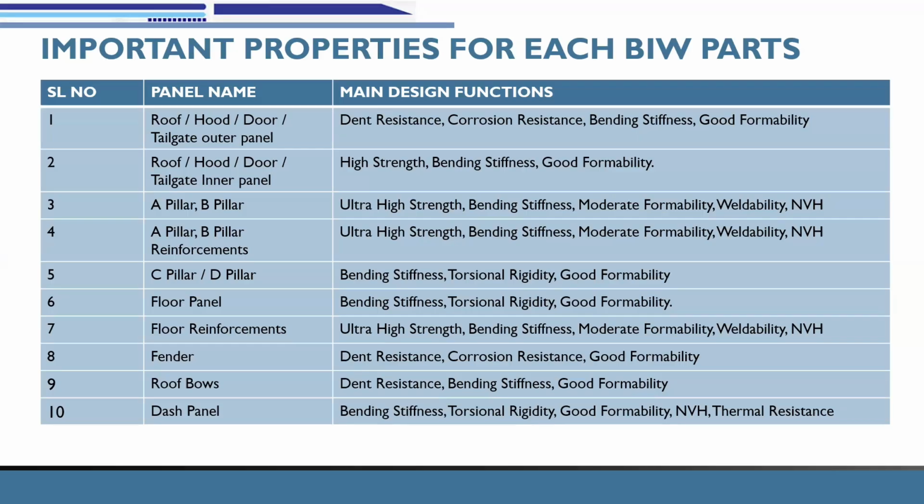If the functional requirements are different, how can we select the same material for each and every part? That is the reason they select various grades of steel based on each requirement. In the upcoming slides, I will explain the various grades of steel.